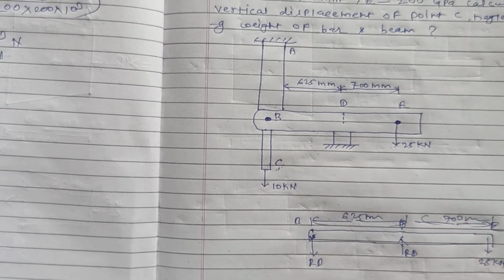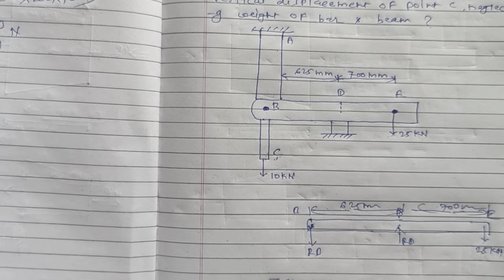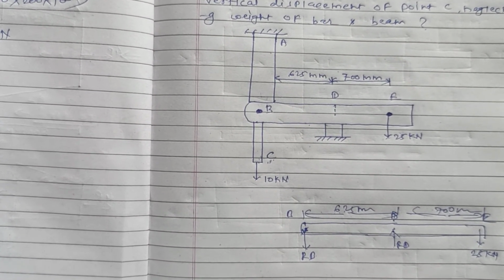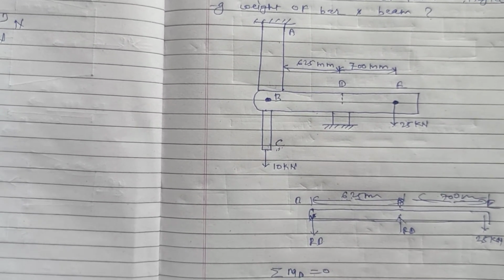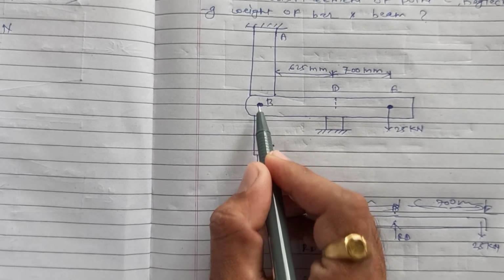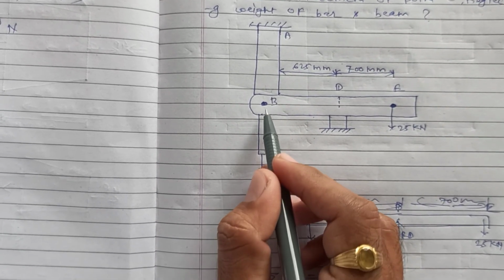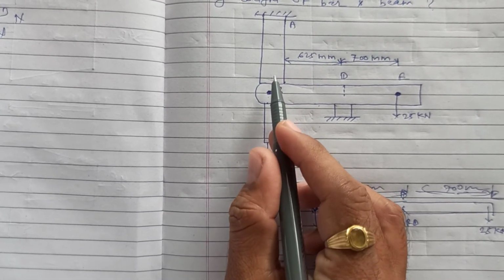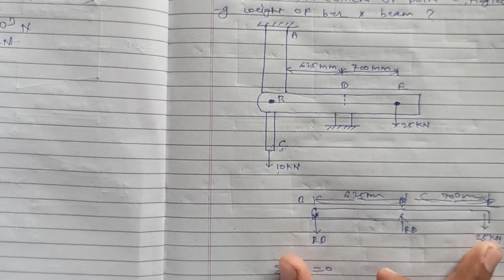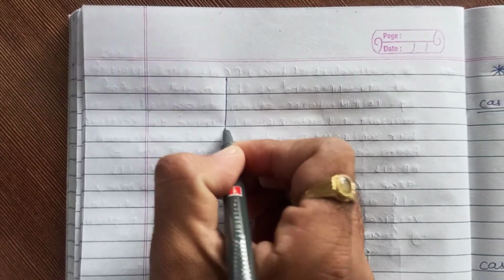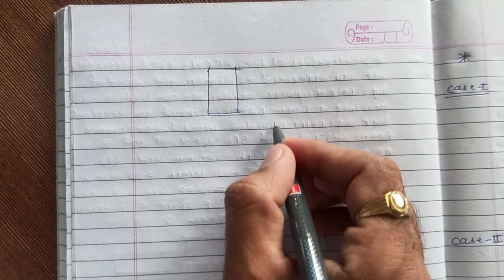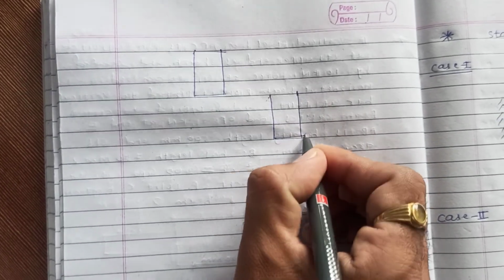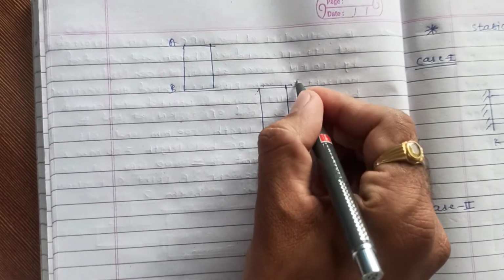Here we have the value of RB, that is the force at point B. As we have the value of RB for this element, and 10 kilonewton is already given, it is very simple to draw the free body diagram for element ABC. This is AB and this is BC.